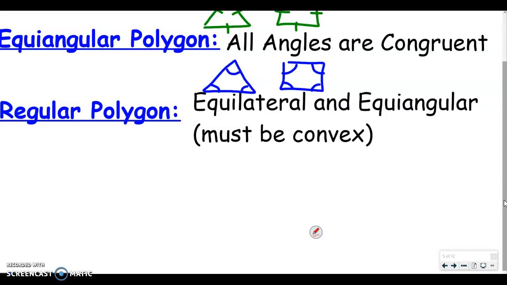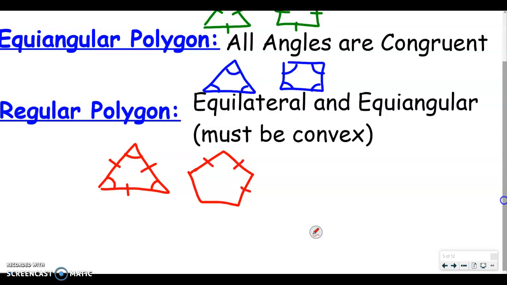So a regular polygon has all sides and angles congruent. Or maybe you have a pentagon. You might have a regular pentagon with all sides and all angles congruent. But it must be convex, no points pointing inward.